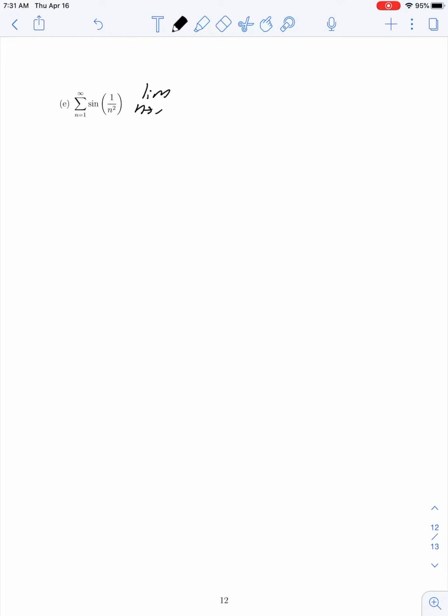Here, if we look at the limit as n approaches infinity of our general term, as n gets large, 1 over n squared is approaching 0. So we get a limit of sine of 0, which is 0. So here the test for divergence fails.